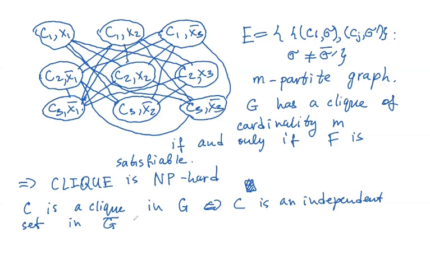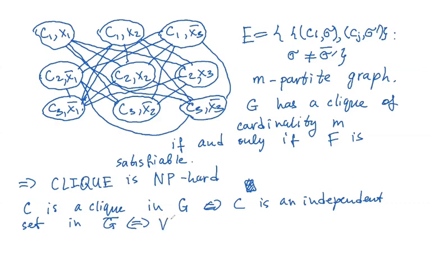We also said that this is the case if and only if the vertices outside of the independent set give you a vertex cover in the complement graph.